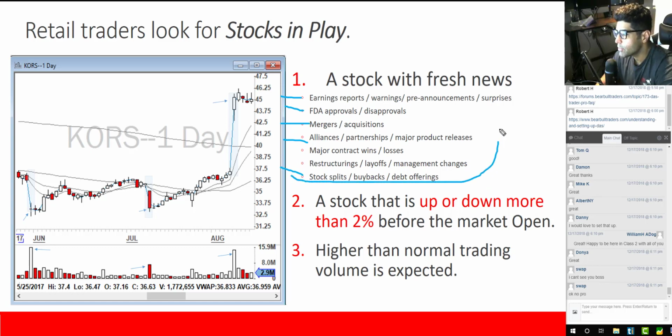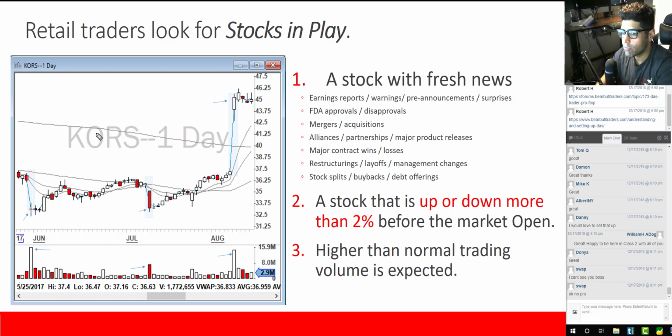This means that there is something big going on with the company, and that causes the stock to gap up and down. Sometimes there is a lot of news coming out for every company every moment, but it's not really important news. We are looking for news that has actually caused the stock to gap up or down more than 2% with heavy trading volume.